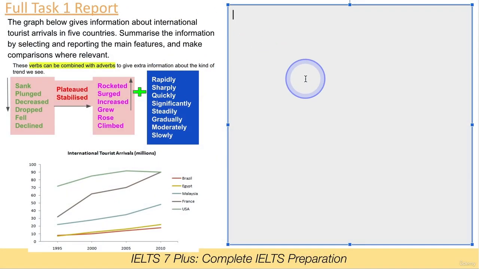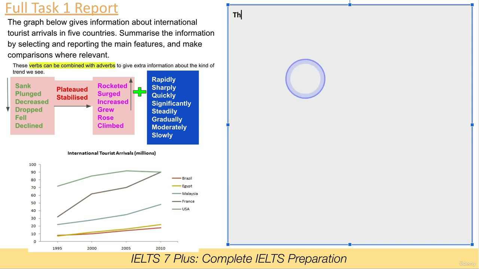So to paraphrase it, we're not going to use the exact words. We're going to find synonyms and other words to use, and that way we'll show the examiner that we fully understand the question.